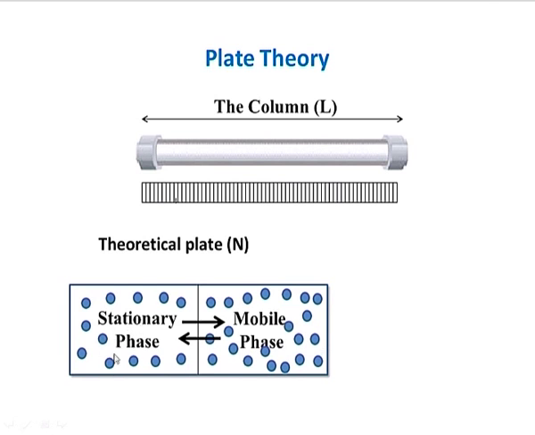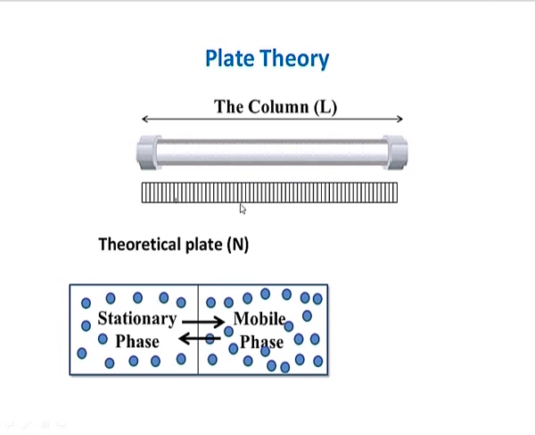These blue dots signify the solute particles. Hence, as you could notice, this solute particle here is in equilibrium and has partitioned itself into stationary phase and mobile phase. The real equilibrium would not establish, but then it tries to attain an equilibrium.